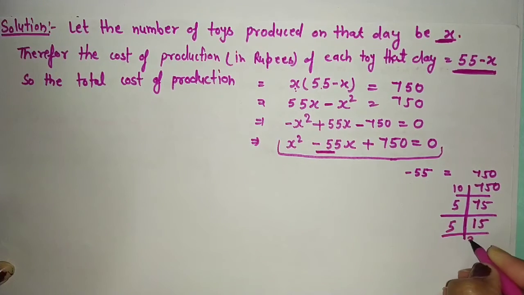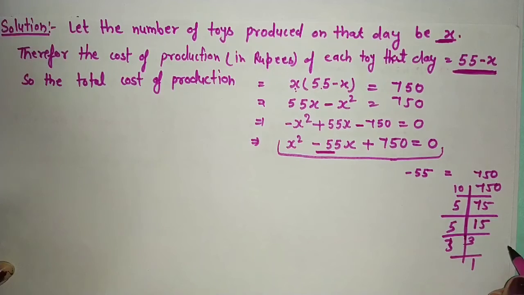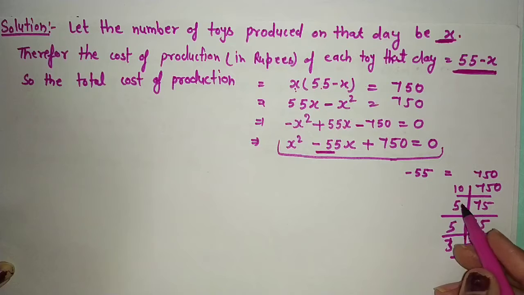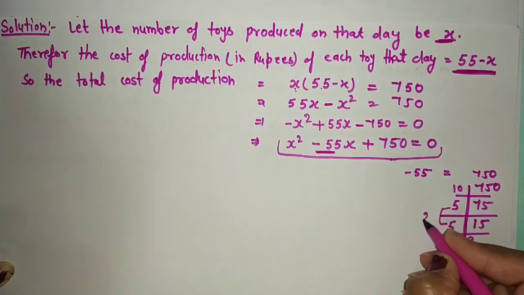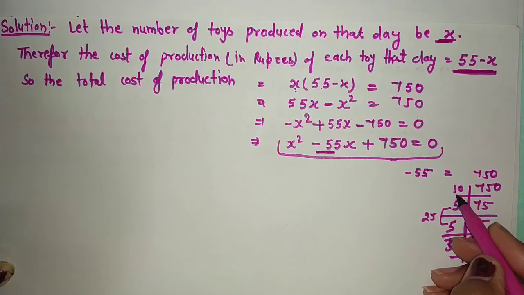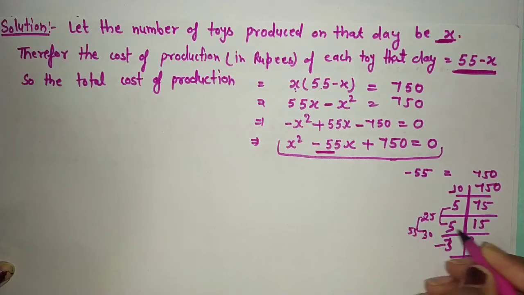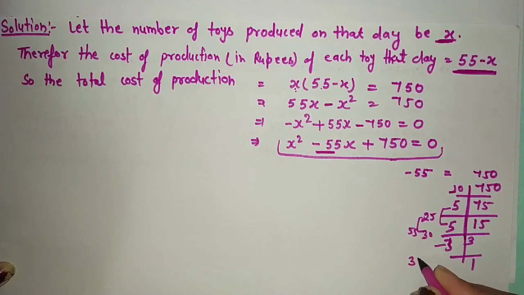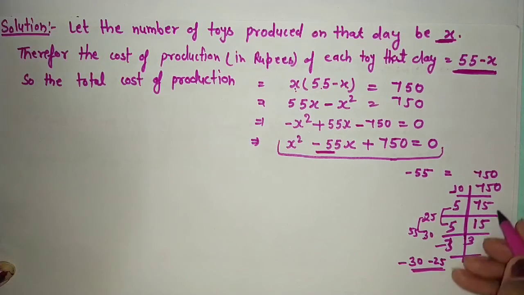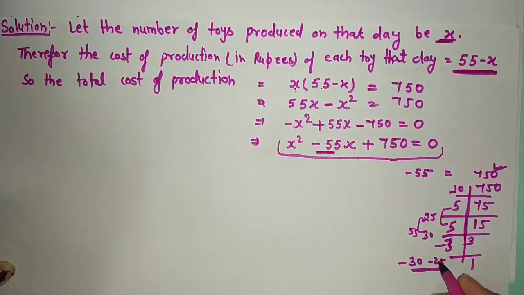By dividing by 5 we get 3, and by dividing by 3 we get 1. 5 multiply 5 we get 25, and 10 multiply 3 we get 30, and 30 plus 25 we get 55. If we take minus 30 and minus 25, the product of minus 30 and minus 25 will be 750, and minus 30 and minus 25 become minus 55.